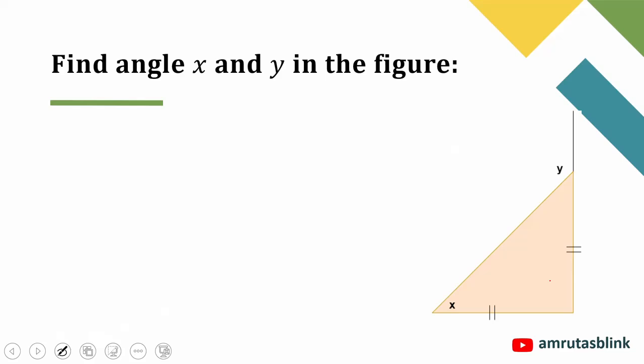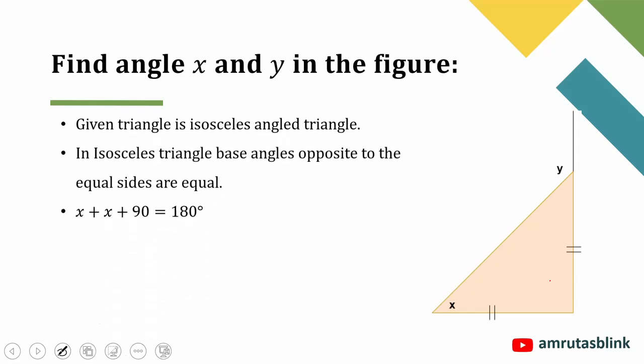Find angle x and y in the figure. Now given triangle is isosceles right angle triangle. As this angle is x, this angle will also be x and this is 90 degree. So x plus x plus 90 is equal to 180 degree. 2x plus 90 is equal to 180 degree. 2x is equal to 90 and x is equal to 45 degree.